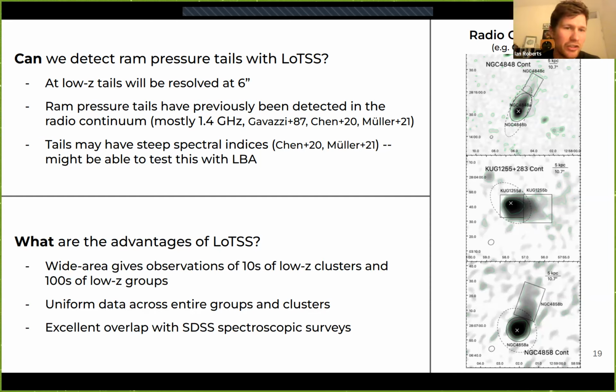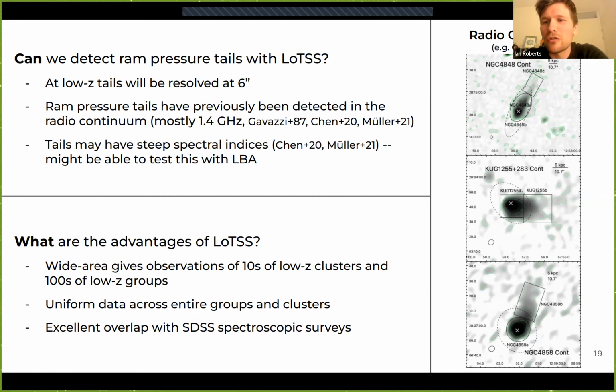So LOFAR is actually, in some sense, even better for finding these objects because there's pretty good evidence coming out over the last few years that these strip tails in jellyfish galaxies, like strip tails in other types of radio galaxies, probably have steep spectral indices. I'll have more to say about exactly what that means in a few slides, but basically that means they should be comparatively brighter at lower frequency.